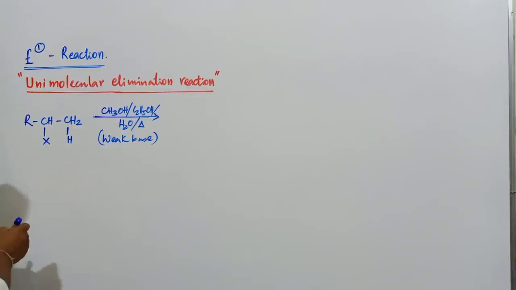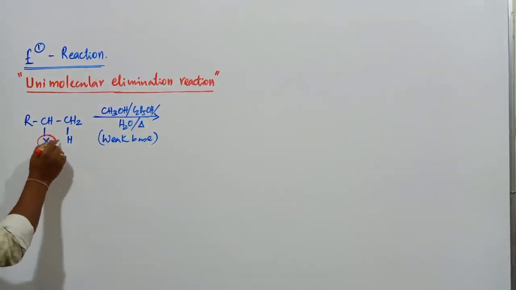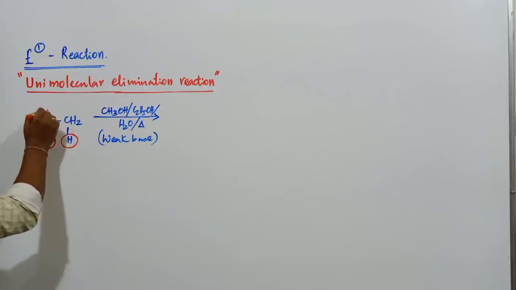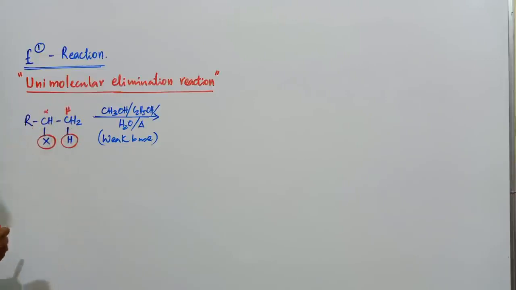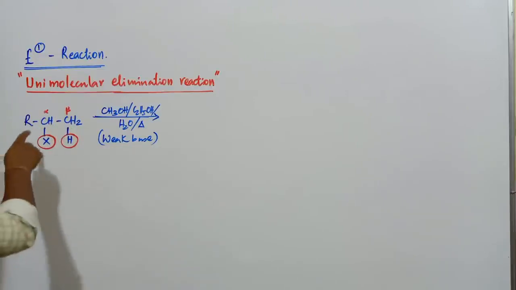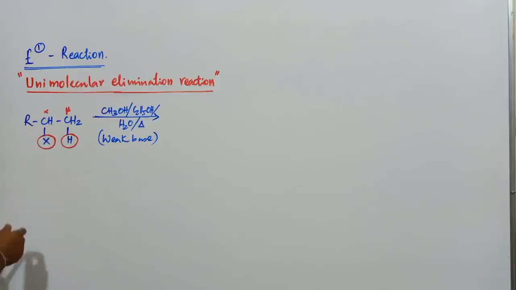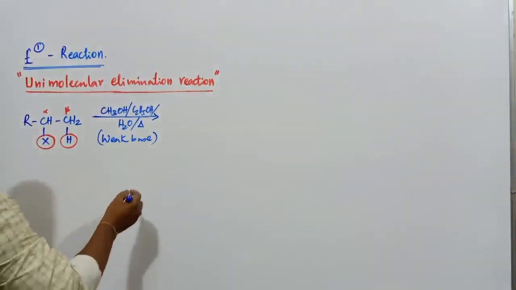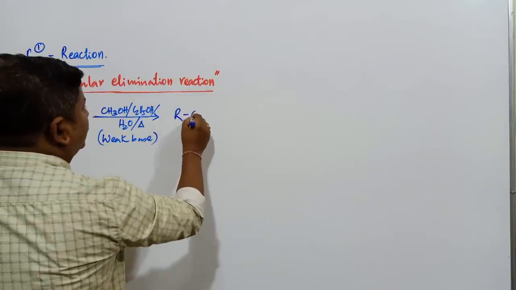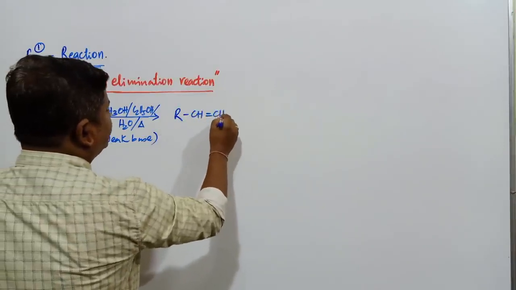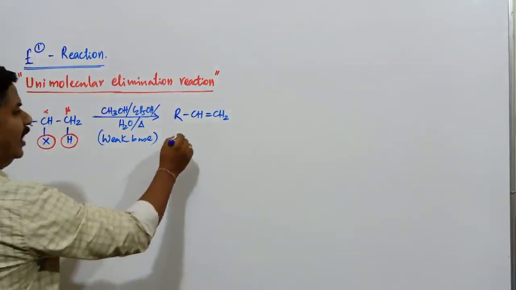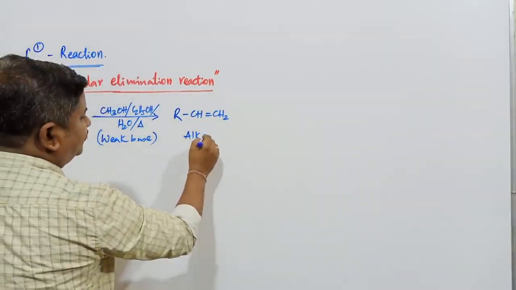So this hydrogen as well as halogen are eliminated. This is the alpha and this is the beta carbon atom. If the elimination takes place from the alpha as well as beta carbon atom, it is commonly called alpha beta elimination. So this is RCH double bond CH2, an alkene formation takes place.